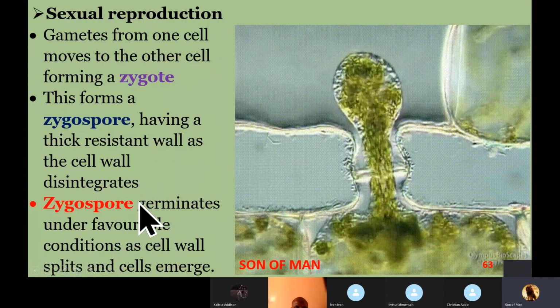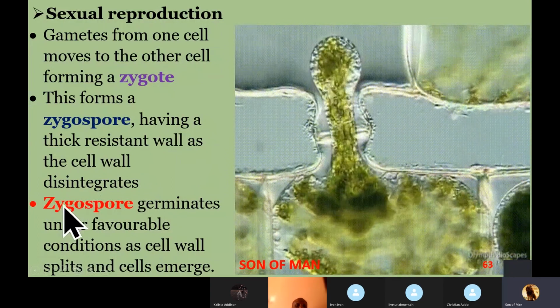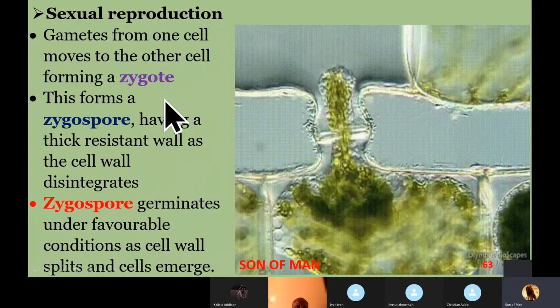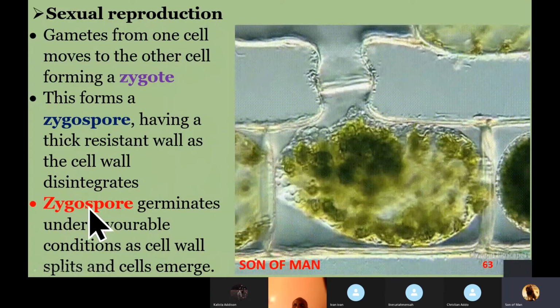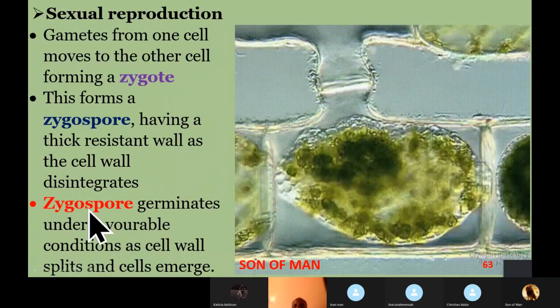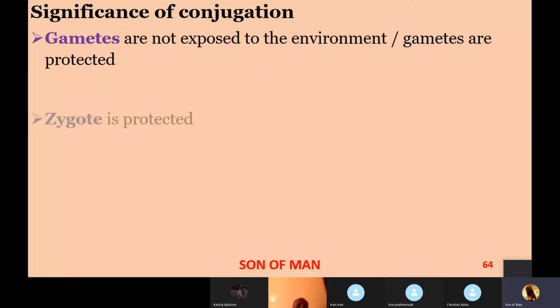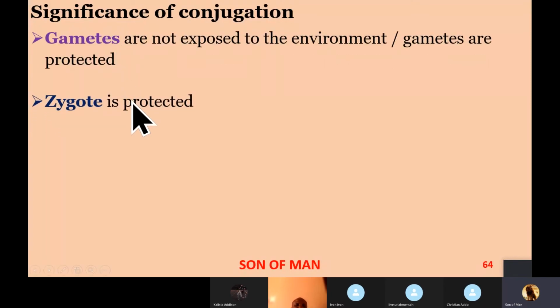It's called a zygospore, I repeat, because it is a zygote as a result of two cells fusing, that's the cell mass fusing, then it's just like a spore. That is how come it's called zygospore. So the zygote is protected. The gametes, that is the materials that move from the minus to the plus, are also protected.